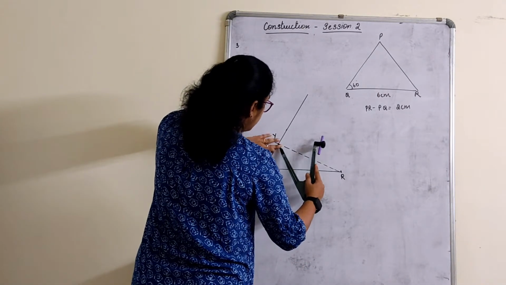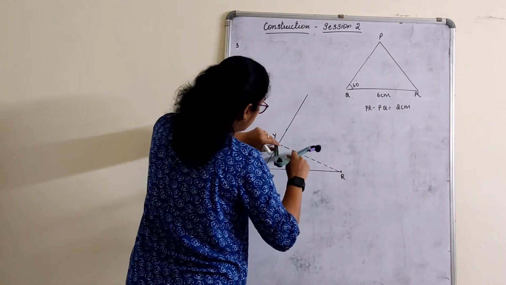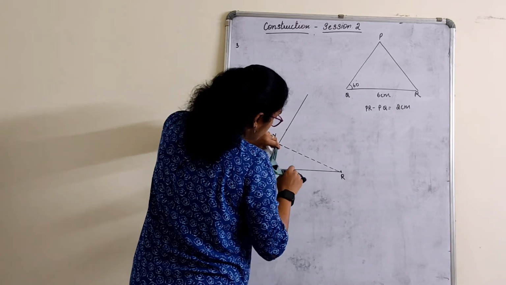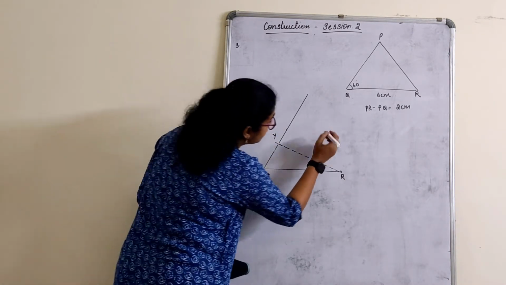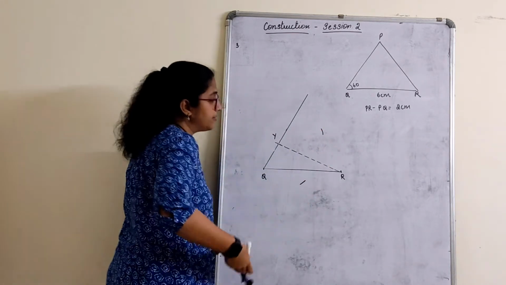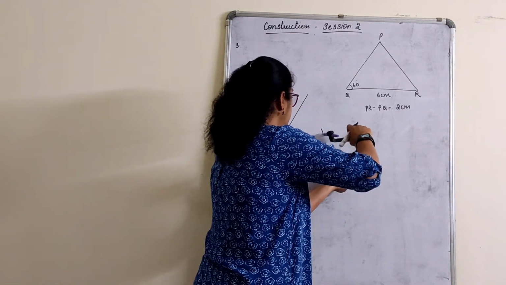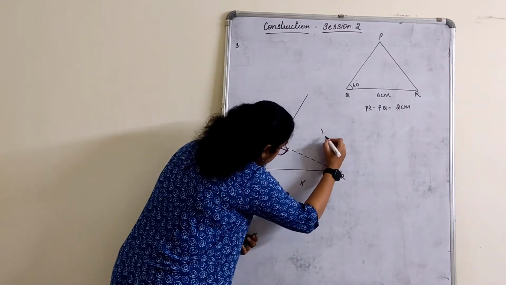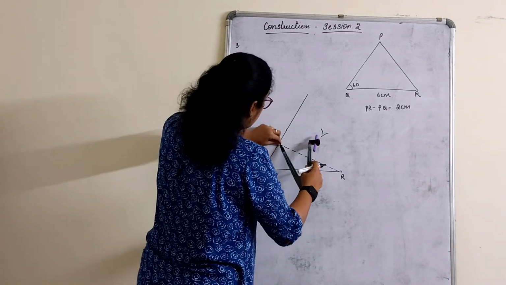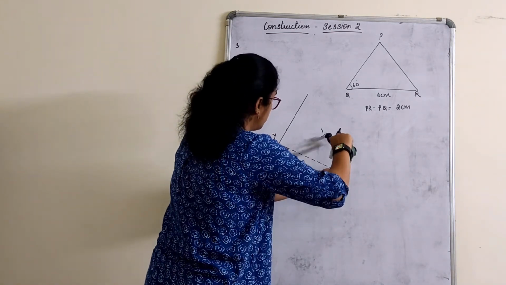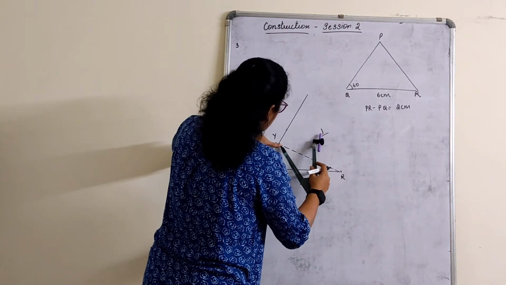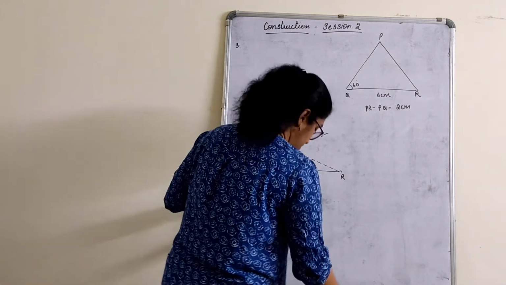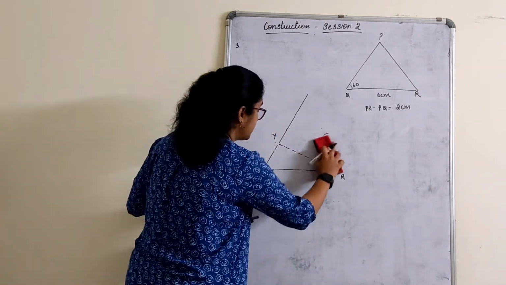Take more than half radius. Line bisection, what we do? So, if I have to see, it is here and here. One second, I think I just messed up with this bisection part.